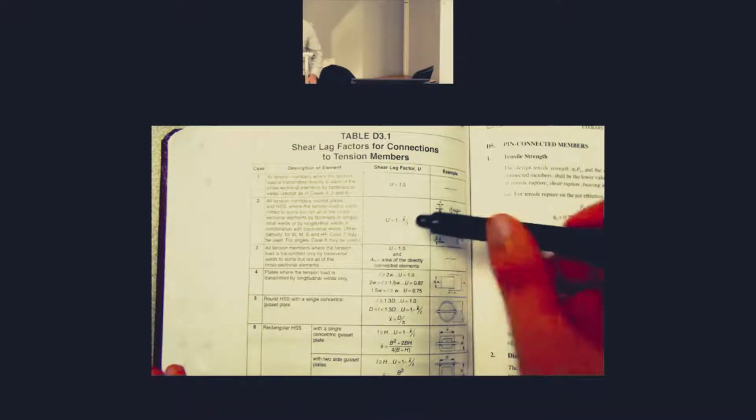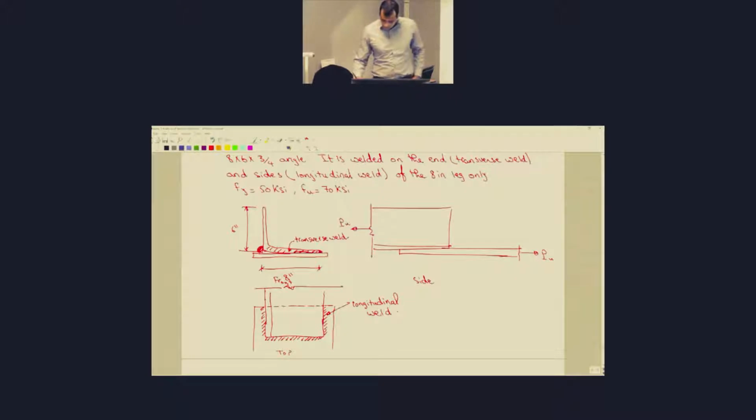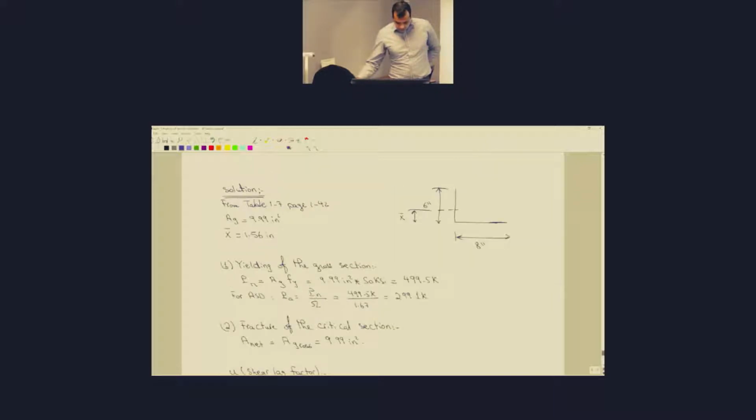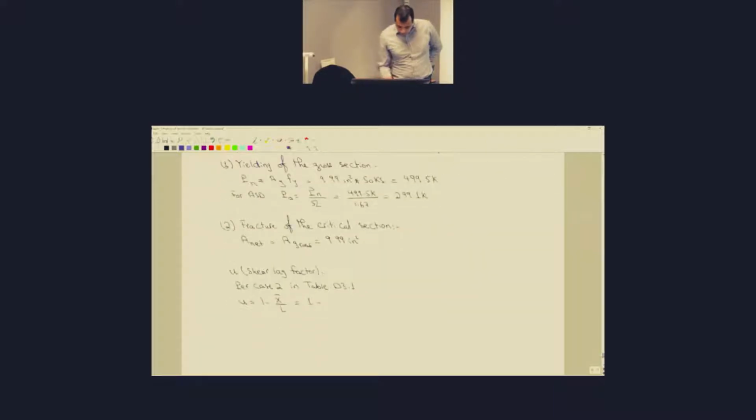So U is equal to 1 minus X bar over L. So per case 2, in table D3.1, U is equal to 1 minus X bar over L. Okay? So how much is X bar and how much is L? X bar, we extracted this value from the table, it's 1.56 inches.